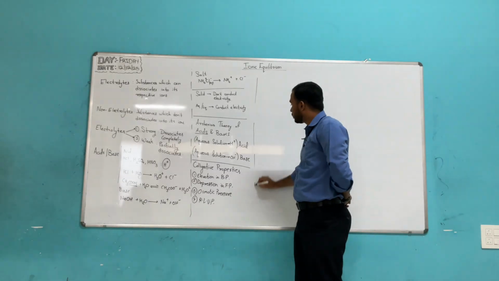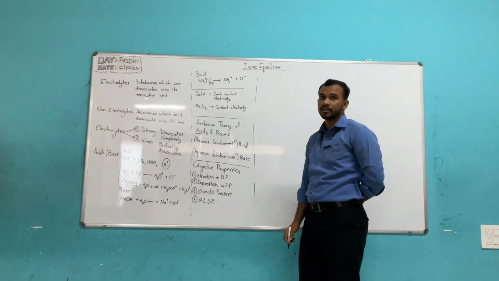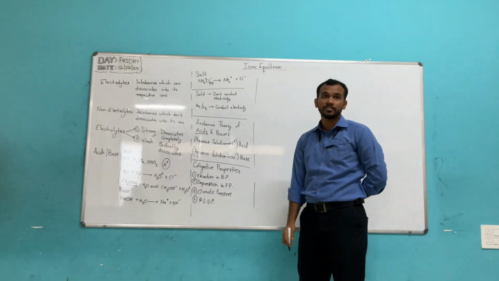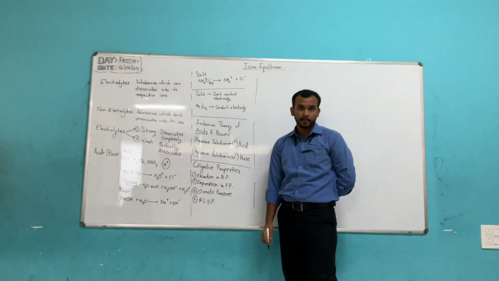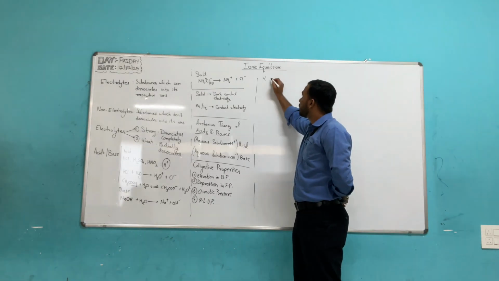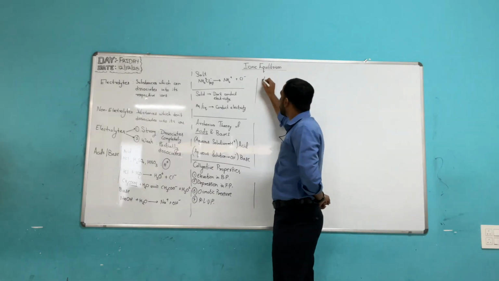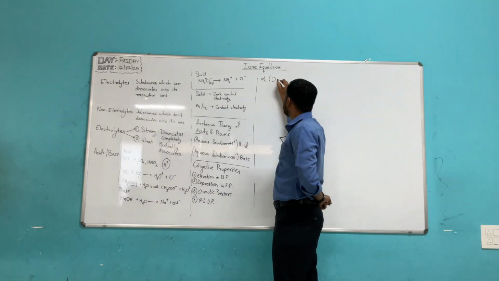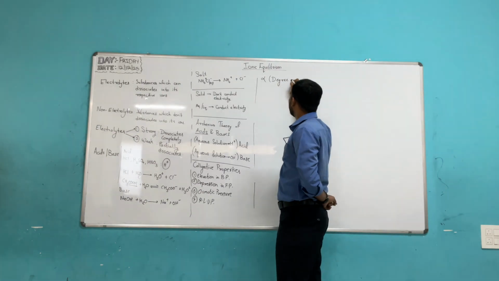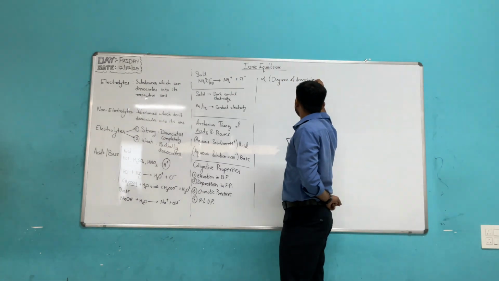Understood? Now, the next concept in this ionic equilibrium is acid bases. Before going to that, we are going to learn about alpha. Alpha is what? Degree of dissociation.